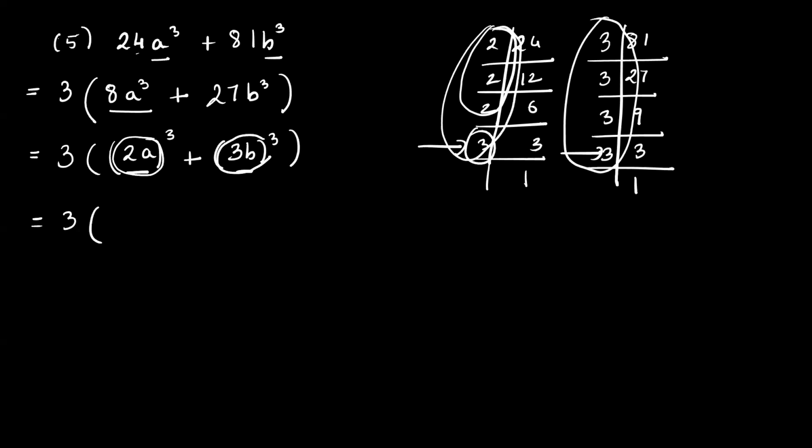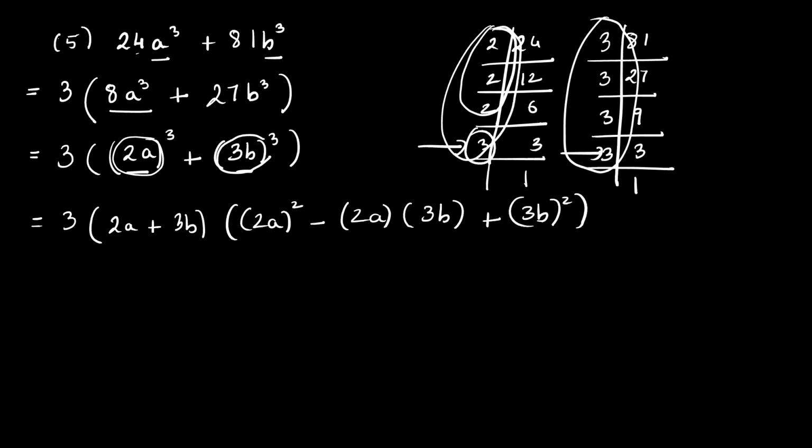So यहाँ पे instead of a plus b क्या आएगा? a की जगह पे क्या आएगा? 2a. फिर 2a प्लस 3b ये पहला ब्रैकेट हो गया. अब दूसरा ब्रैकेट में what will be there in place of a square? 2a square. Then minus 2a into 3b, plus 3b square.